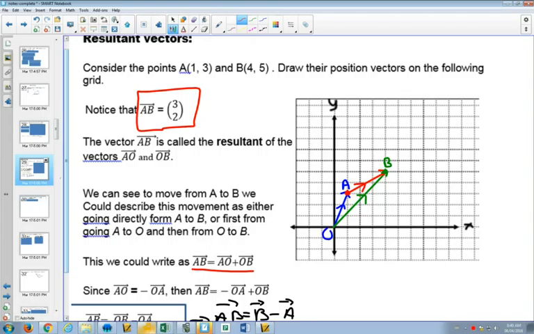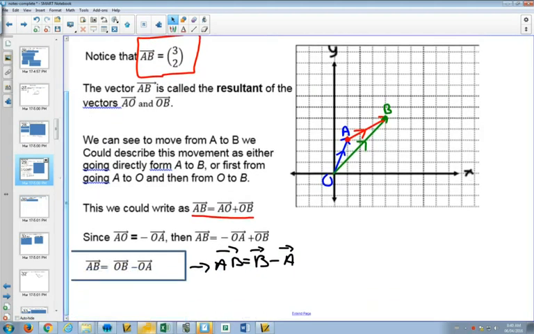But this is going to be very helpful for us because if we have A and B, if we have position vectors, we can now find out what the resultant vector is of all sorts of vectors. You want to go from A to B, we can find that out quickly. So the idea is this.